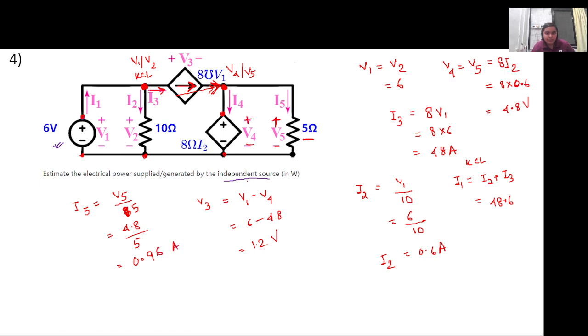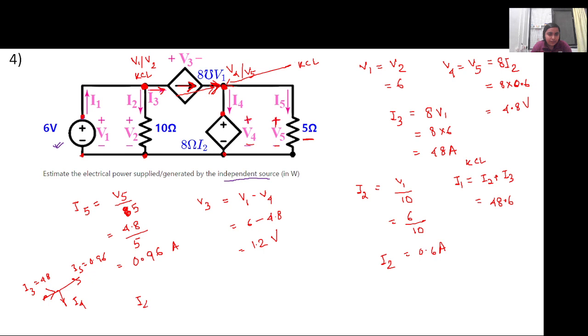0.96 amps. Now can we apply KCL again at this node and calculate I4? We have the value of I3. So at this particular node, we have I3 equal to 48 amperes going in. We have I5, 0.96 ampere going out, and we can calculate this I4.